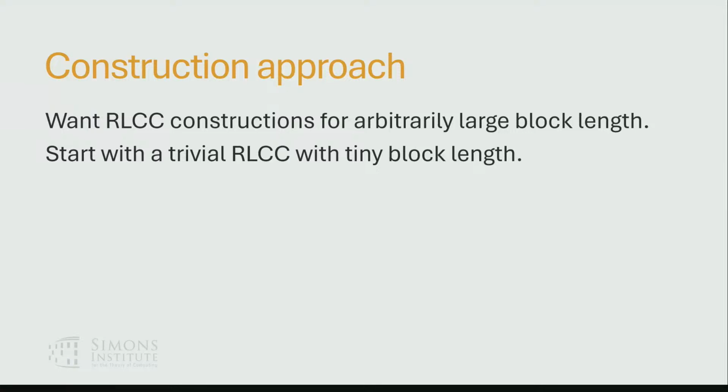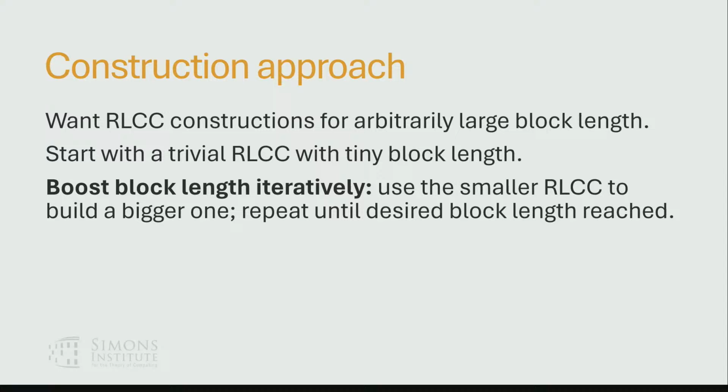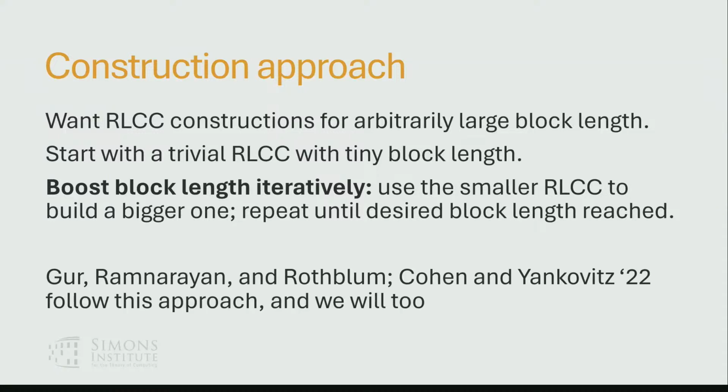Now that we have a tiny RLCC, we can build larger and larger block length RLCCs iteratively, as long as we have some operation which can take a code with small block length and lift it to an RLCC with slightly larger block length. We can repeat this until we get to the block length that we want. This inductive idea was used by both of the prior RLCC constructions for the asymptotically good regime, and we're going to also follow this approach.